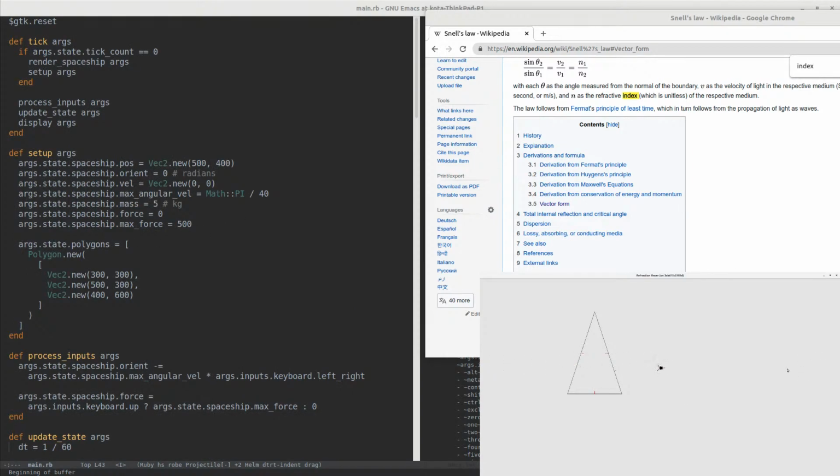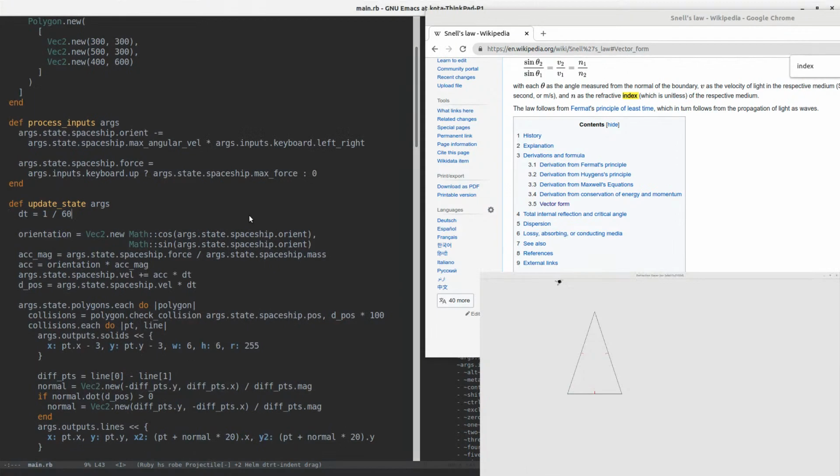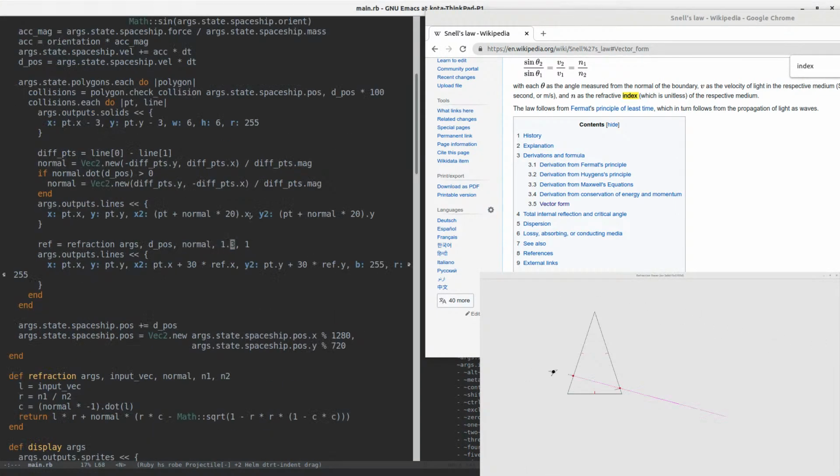So you can see now we're looking at these, supposedly. Are we looking at the right values here? It's hard to say, actually. Maybe we'll change the IOR 1.3 to something drastic.